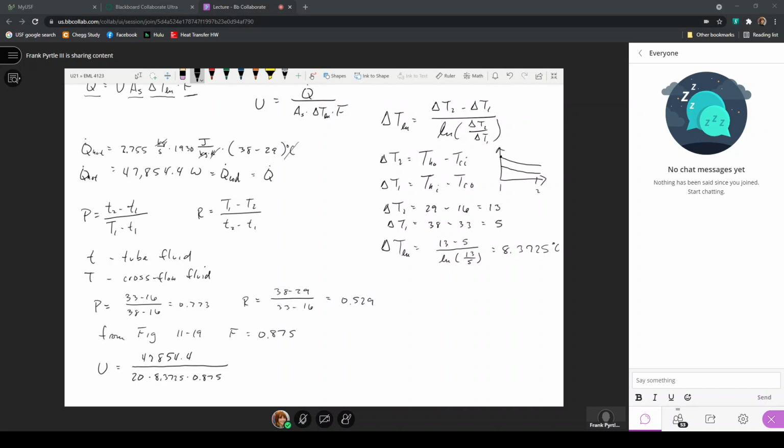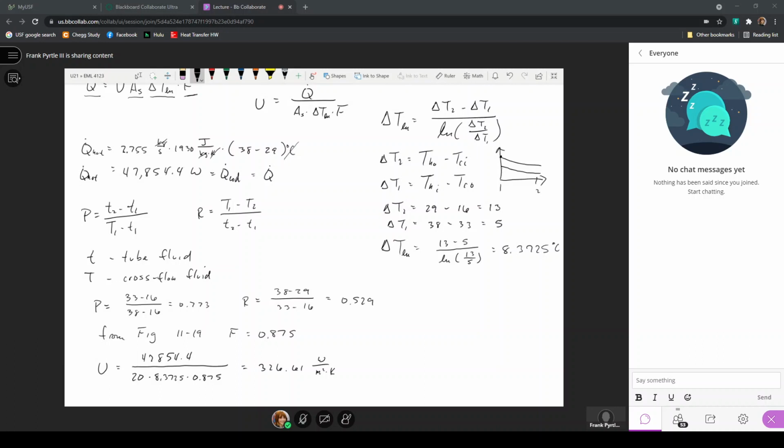With these units, I should get watts per square meter Kelvin. So the heat transfer rate divided by 20 times 8.3725 times 0.875 gives an overall heat transfer coefficient of 326.61 watts per meter squared Kelvin.